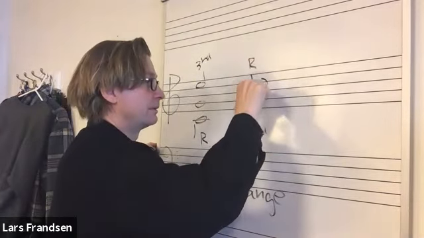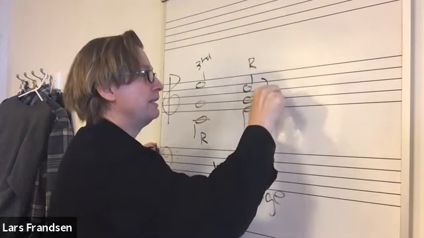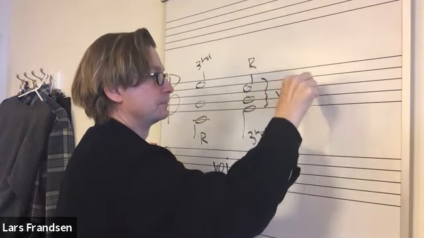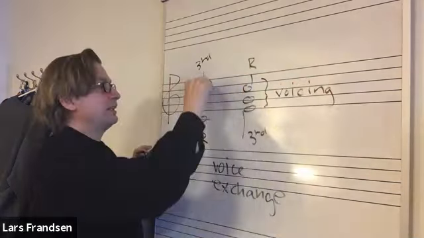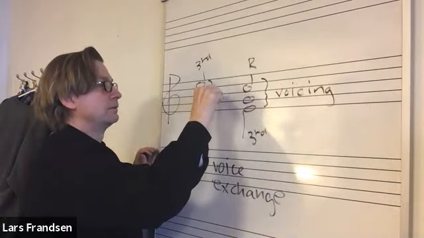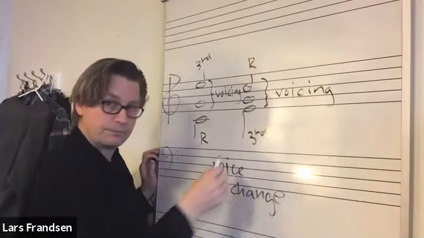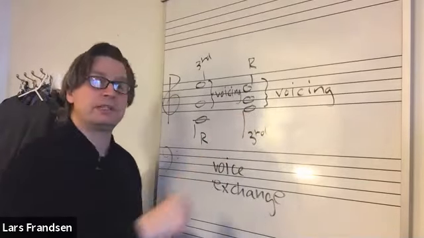This would be voicing. And same thing here, right? But all three of those notes on the right would be. It's inverted because I have the chordal third in the bass.